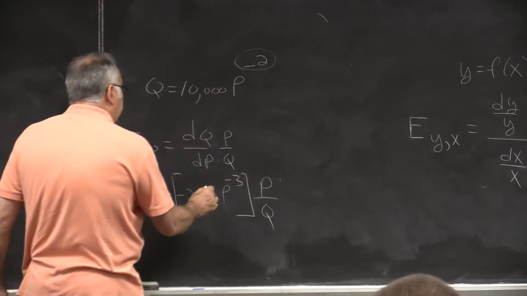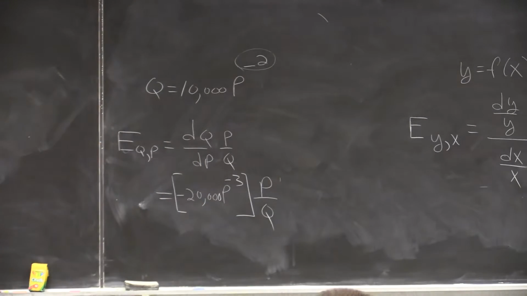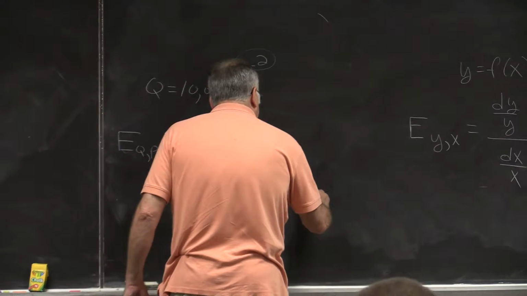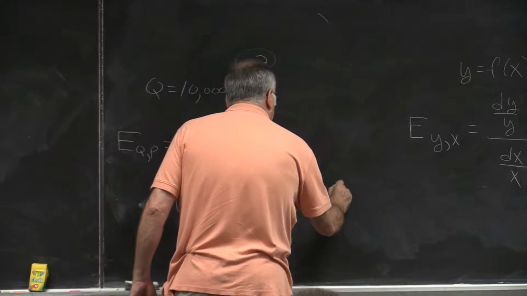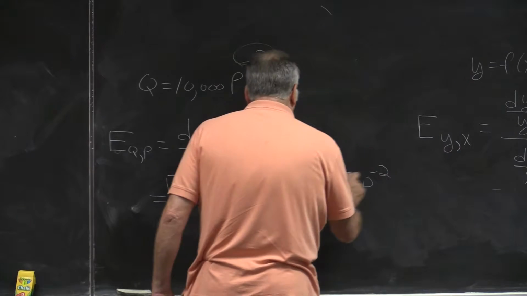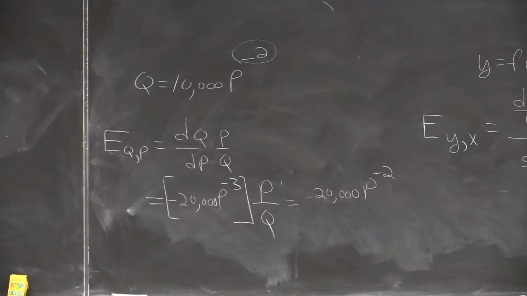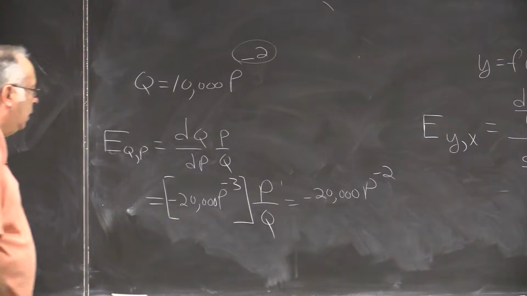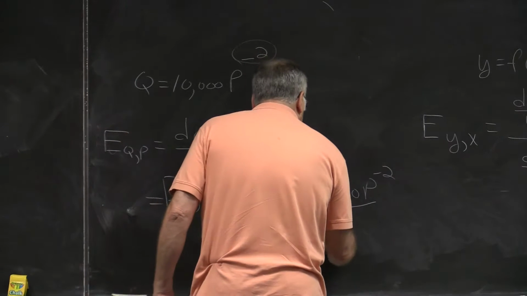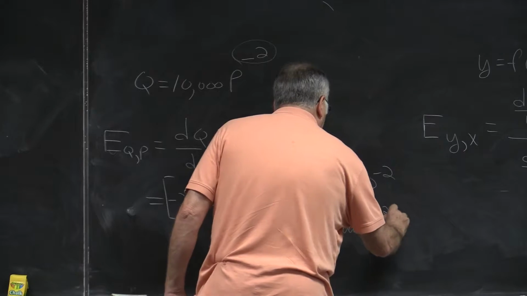Oops, and I left off a 0 here. So this numerator just becomes minus 20,000 P to the minus 2. Notice we add exponents. We've got Q in the denominator. What is Q? By definition, it's 10,000 times P to the minus 2.